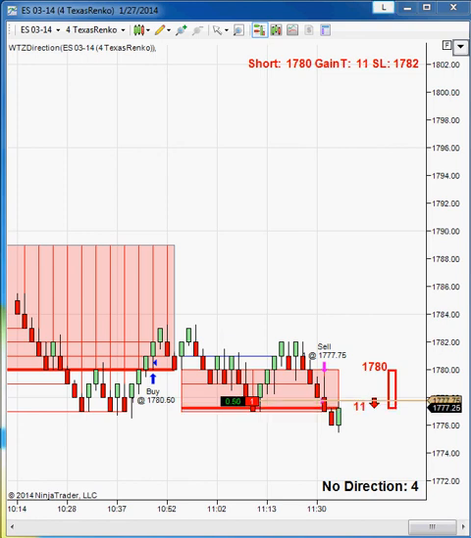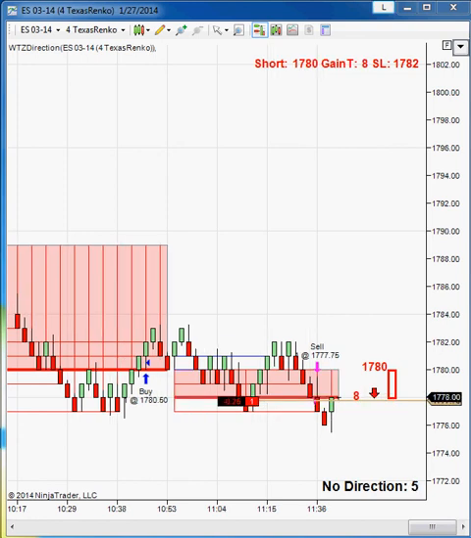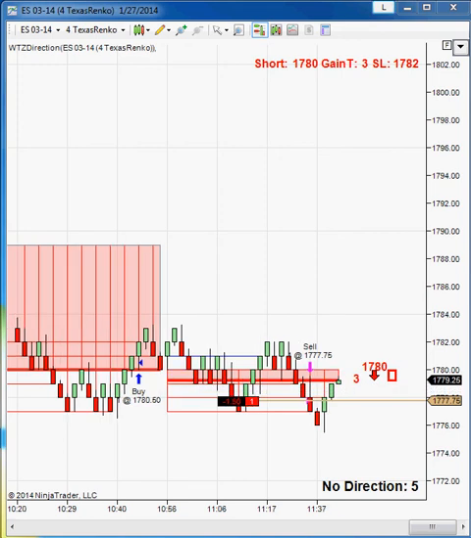Let me see what happens. Right now it's going against us, this is our second trade, going against almost 1 point, and no direction is 5, that's fine, but we have a stop loss already at 1782.